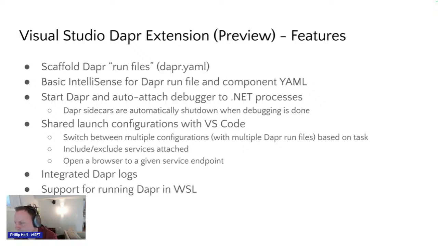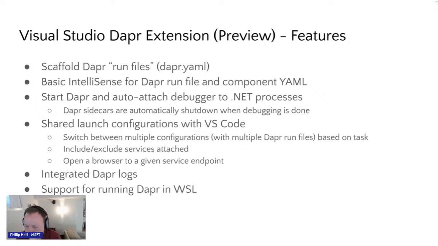You can set up multiple configurations and choose different run files for each one, or use the same run files but include or exclude different subsets of services that get attached to the debugger. That's useful if you're only interested in debugging a couple of services and you don't want to worry about breakpoints and stopping in the other services. And you can also configure a browser to open to a particular service endpoint, in a way that you don't have to worry about matching ports and things like that.